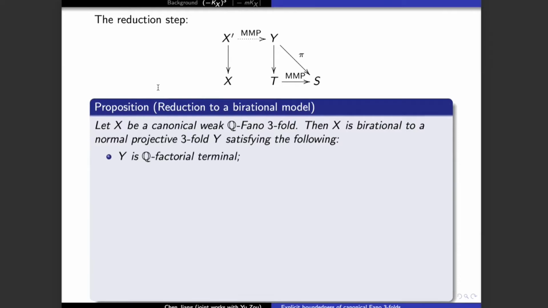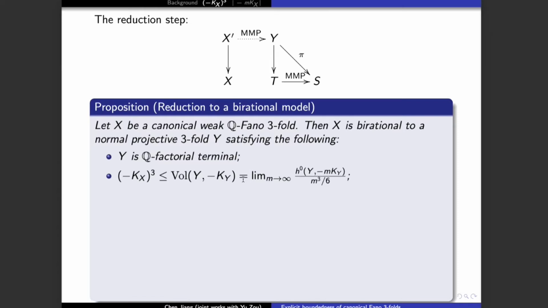First, we have some reduction step. We change X to another model, as follows. Consider X to be a canonical weak Fano threefold, and we can show that X is always birational to another threefold Y with the following properties. First, Y is Q-factorial toroidal and terminal, and also the volume of minus K_X is bounded by the volume of minus K_Y.